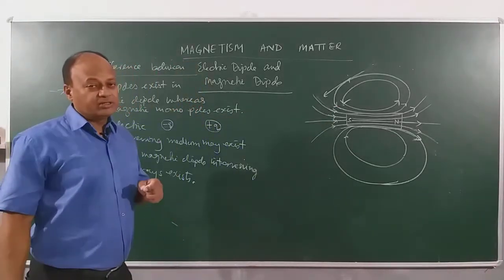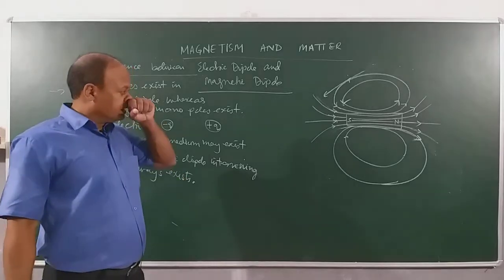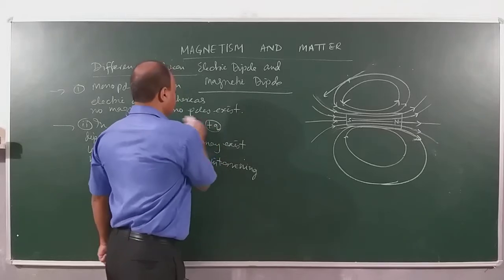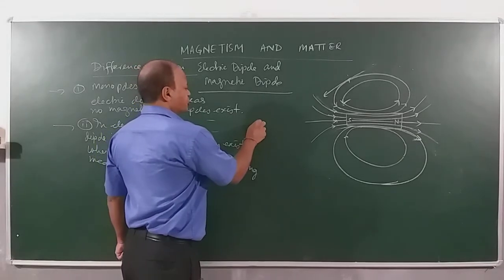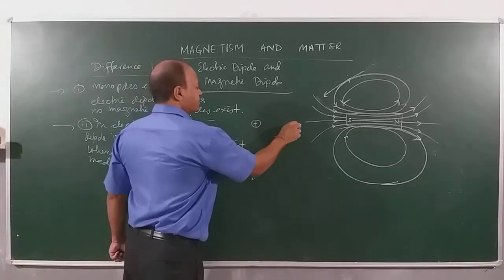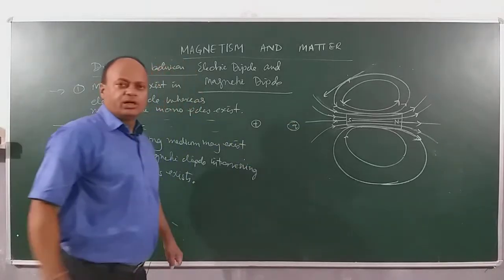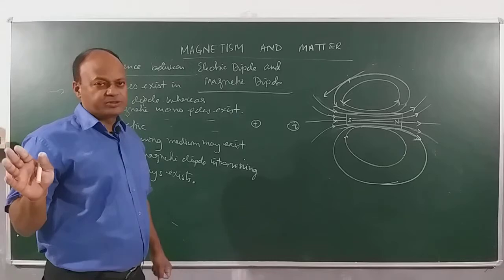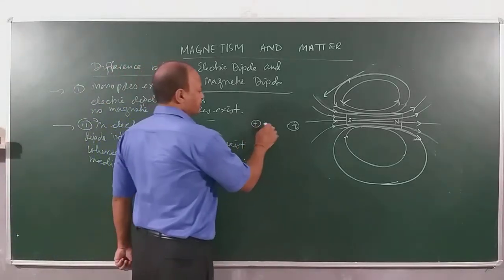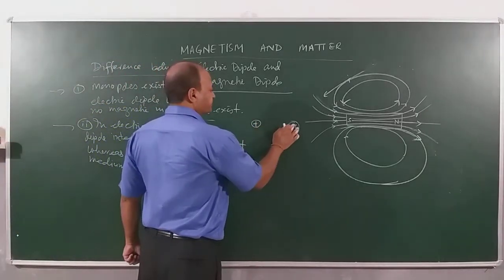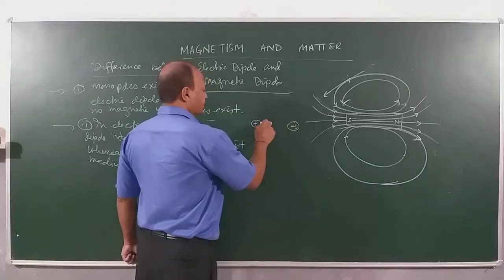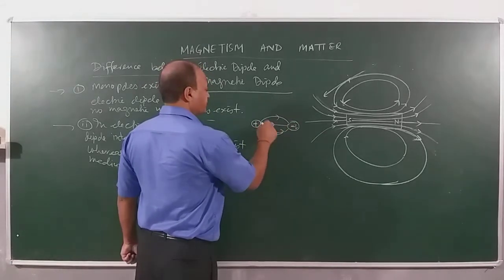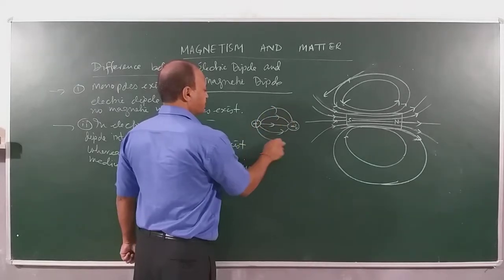Now the third point, which is very significant, is in the case of the field lines. Suppose you have a charge plus Q here and a minus Q out here. You know that electric field lines never form closed loops. They start from the positive charge and terminate into the negative, like this.